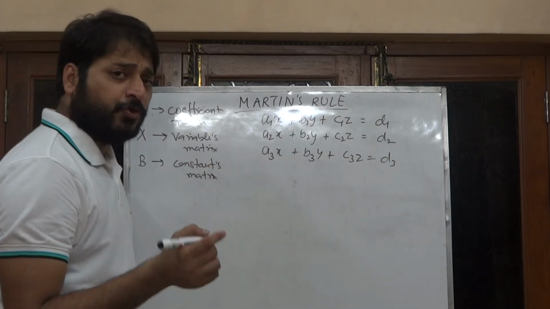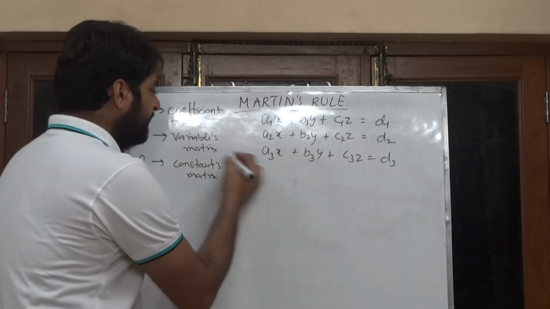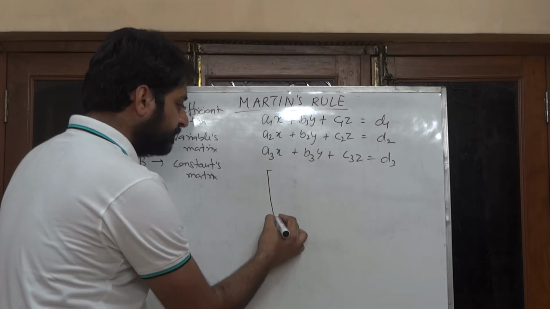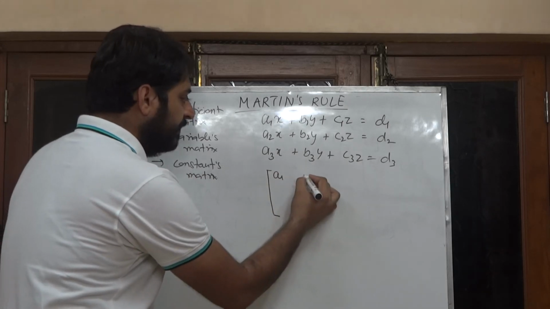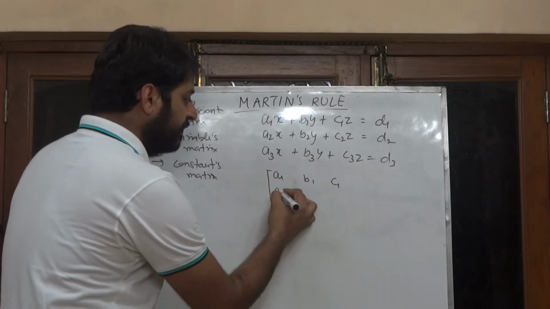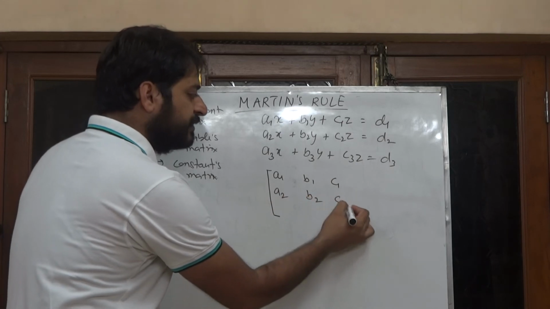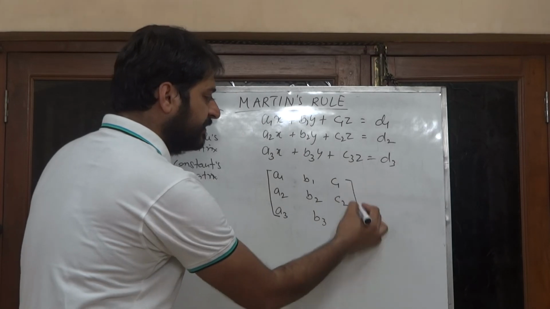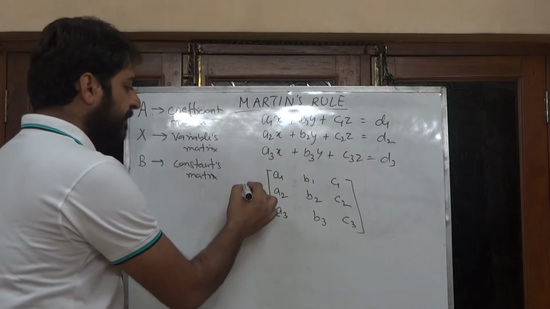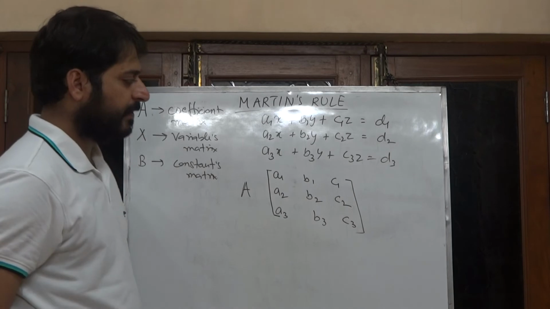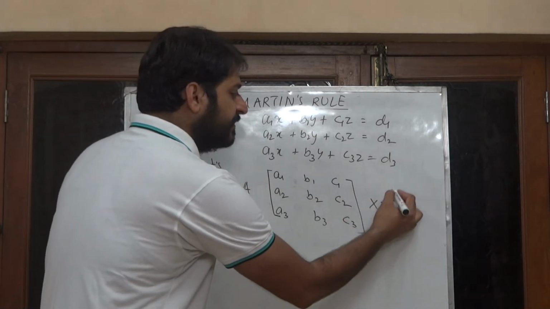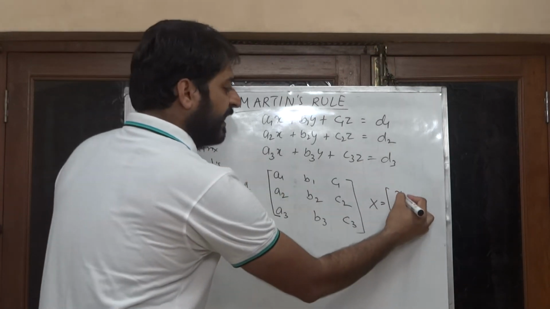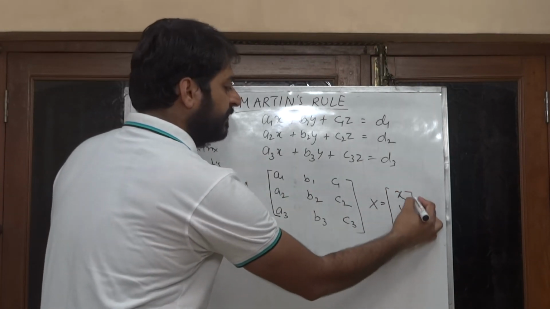Now, as you know the multiplication, I am making the matrix A as a1, b1, c1, a2, b2, c2, a3, b3, c3. This is the matrix A. Matrix X, as I said, is the variables matrix, x, y, z.